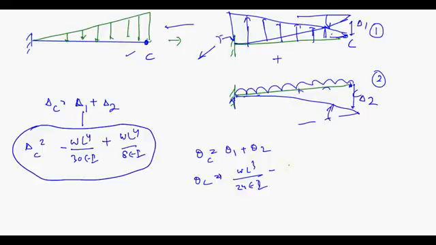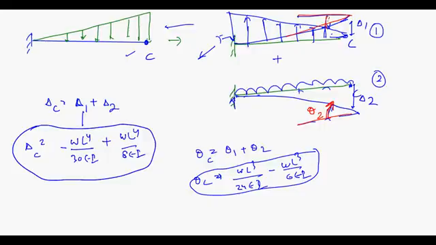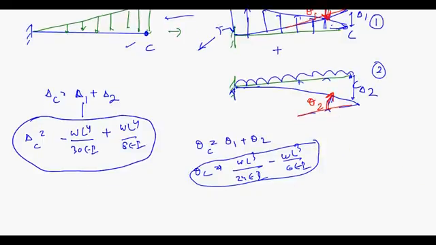Theta 2 is nothing but WL cube upon 6EI. So be very careful with the direction. This theta 2 is clockwise, and this theta 1 is anti-clockwise. So I have to subtract them, I cannot add them, they are in opposite directions. I hope you are able to understand.